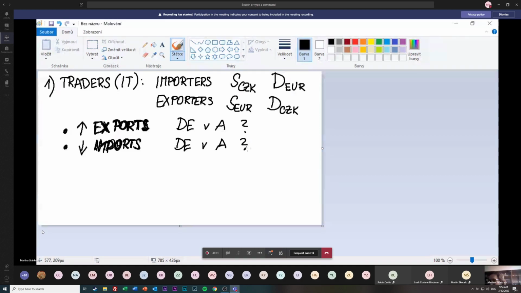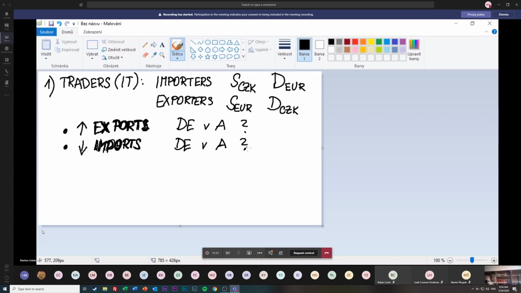So let's go to the first situation. Exporters have foreign currency, euros, and they are demanding Czech crowns.